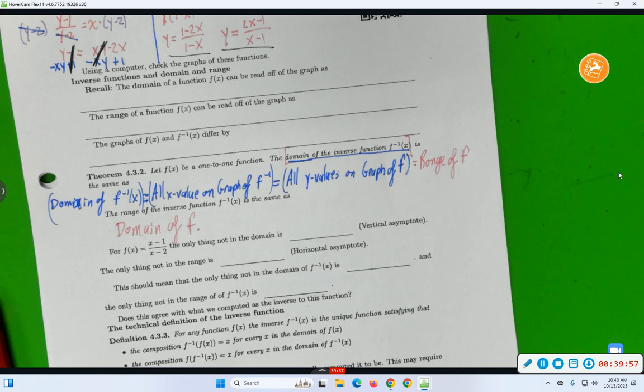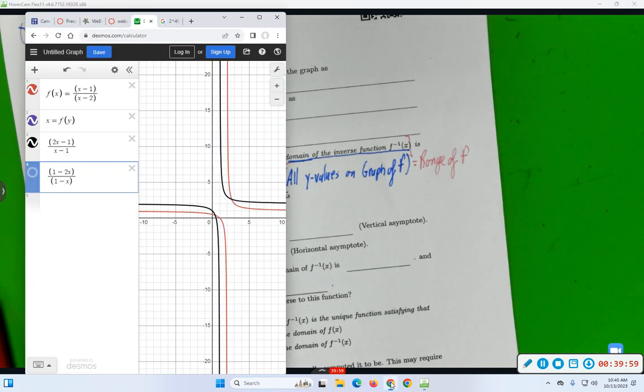And let's check that in this example. So there is a function and its inverse. Let's focus on just the function. Let's think about the domain of that function. What's the only thing not in that domain? 2. Because if you plug in 2, you divide by 0.